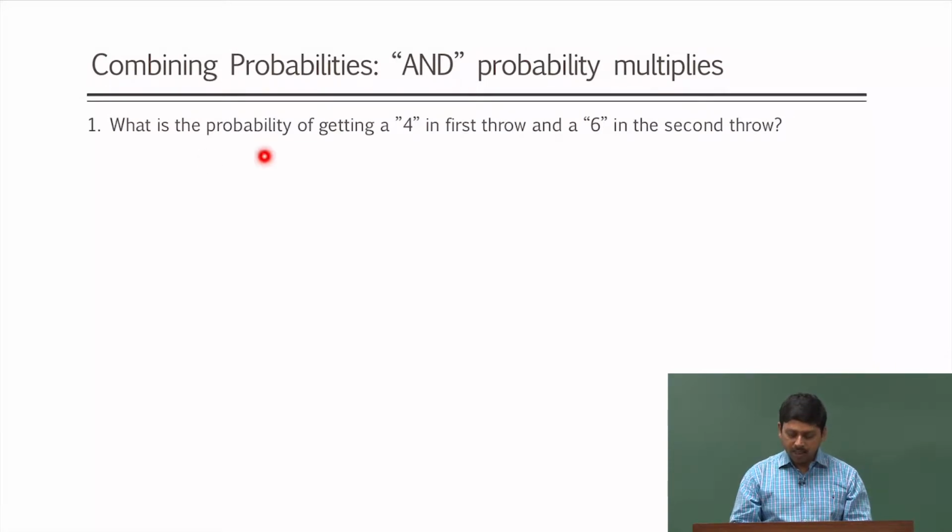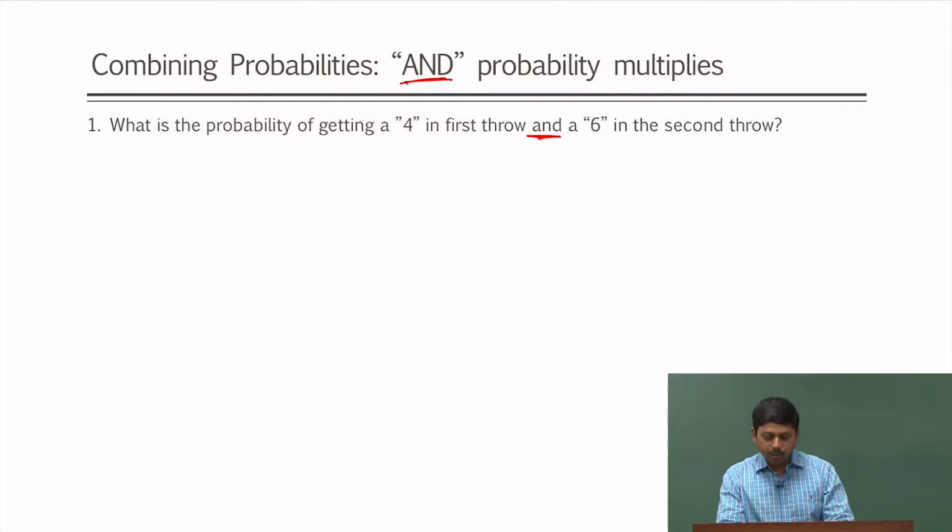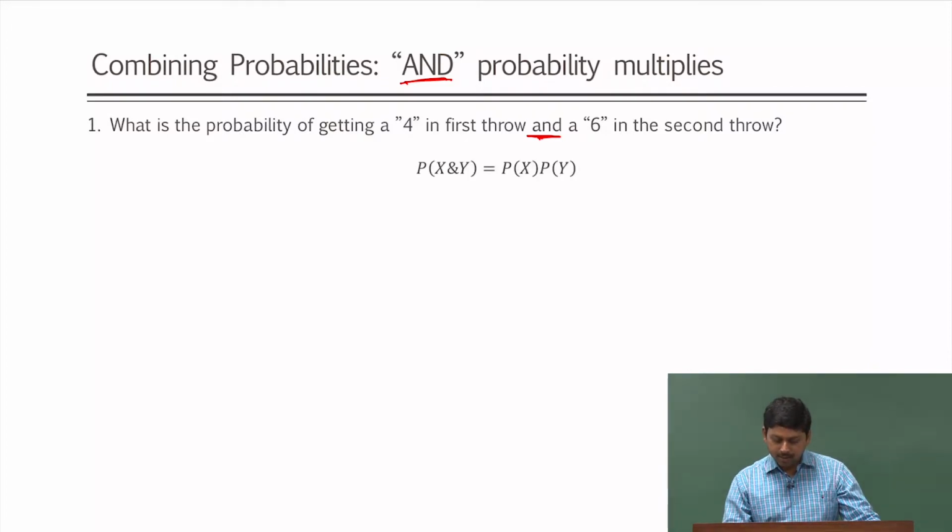So, what is the probability of getting a 4 in the first throw, and look at this AND, I am talking about AND probability, isn't it? Here also there is an AND. So, what is the probability of getting a 4 in the first throw and a 6 in the second throw? It is the probability of getting x and y, which is Px multiplied by Py.